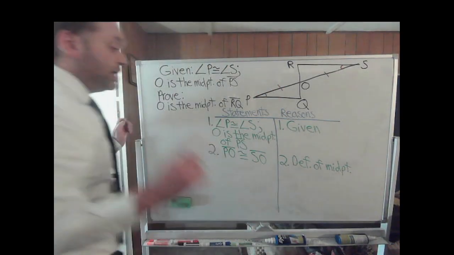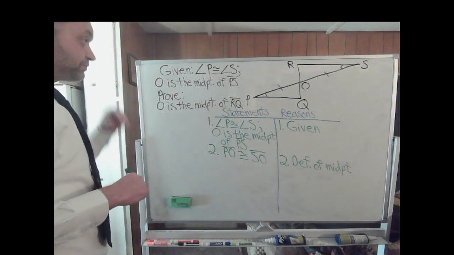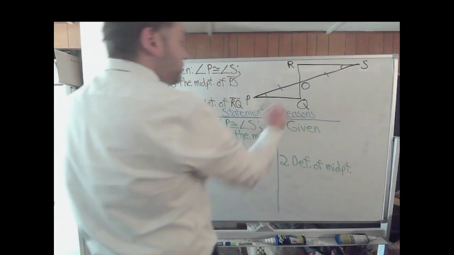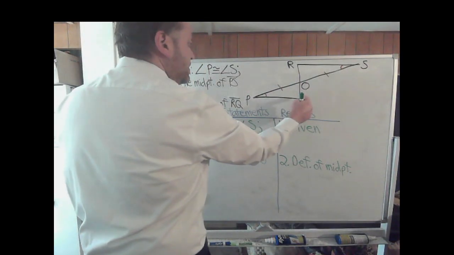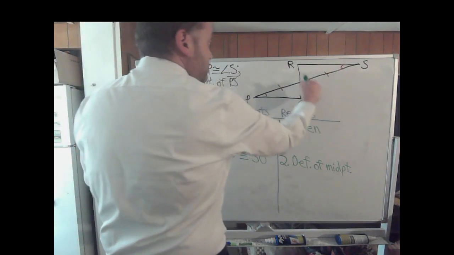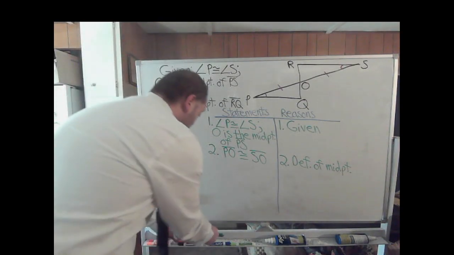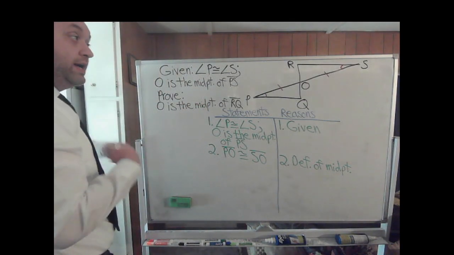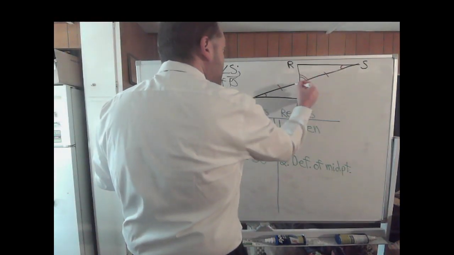Okay, is there anything else? Well, if we look here, we got two vertical angles. Angle POQ and then angle SOR. Those are both vertical angles, right? And we know that vertical angles are congruent, so we can go ahead and mark these congruent in our diagram.